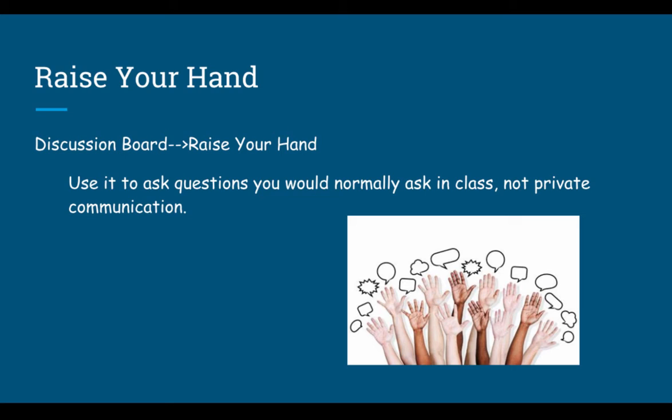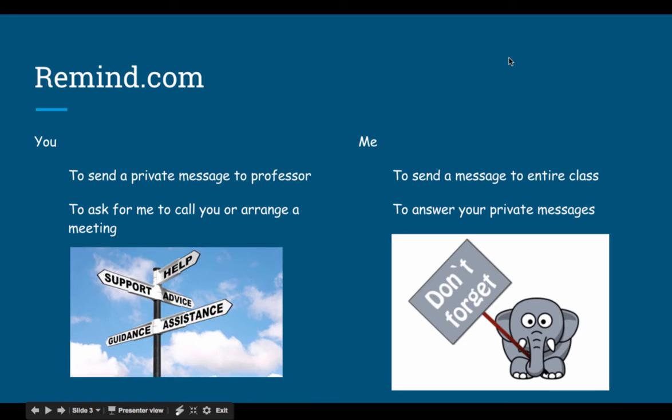Not private communication, but if an instructor explained something to you in class about an assignment, you would raise your hand and say, hey, I don't understand what you mean by, or how many responses are we supposed to have, or those kinds of ideas. And that's what you would put there. You would not put private communication like, why did I get that grade? That will go in another place. That doesn't go in raise your hand.